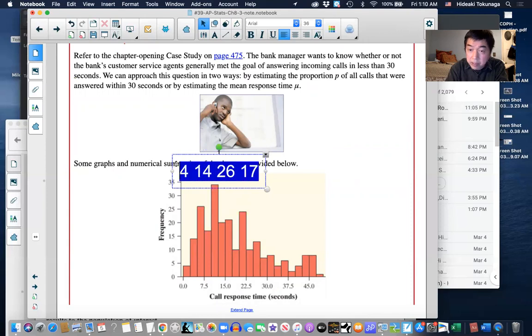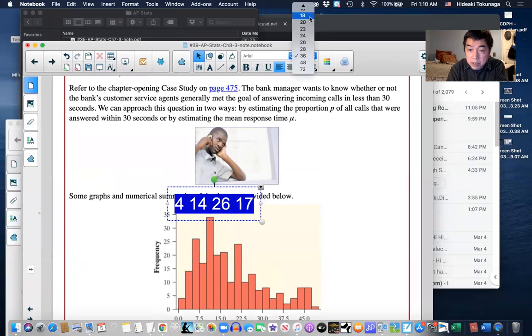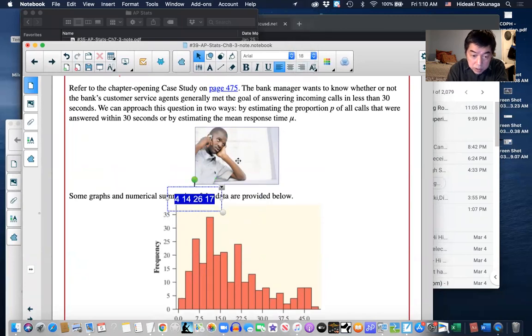Maybe make that font a little bit smaller. Okay. After 17, this is going to be 30, 33, and maybe 19. It's hard to read this. And 20.